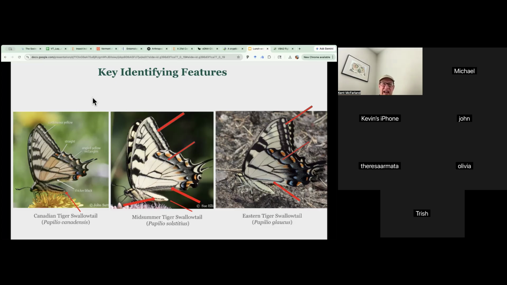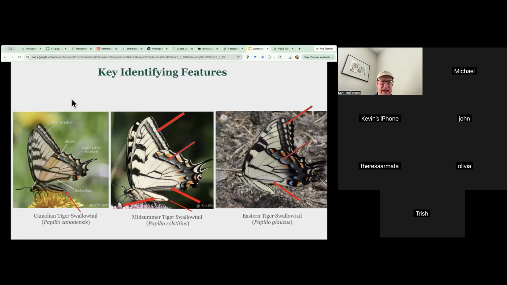But again, the first key feature is going to be phenology, and I'm going to get into that in a second. But one of the key features is what all these lines are pointing to, and you're not going to learn them on this slideshow real fast, but you can come back to it, and I'm happy to share this with people.